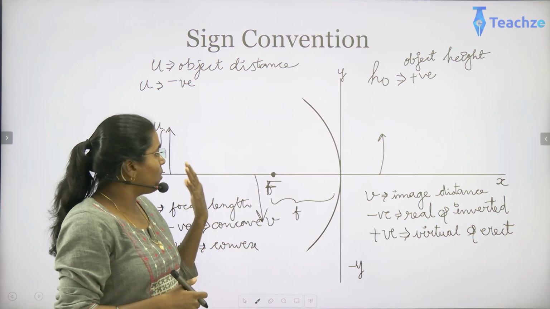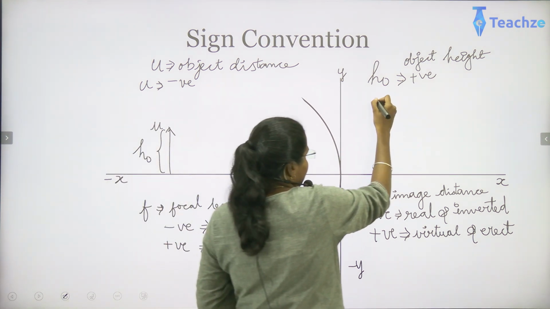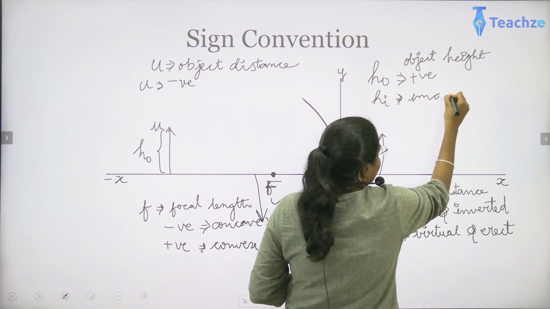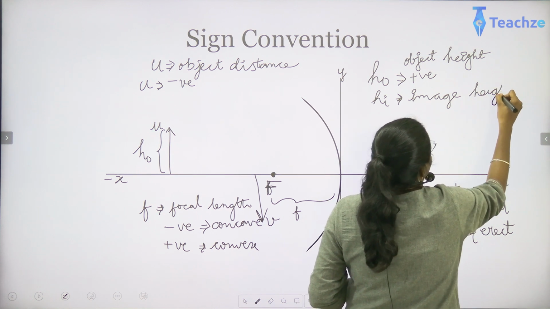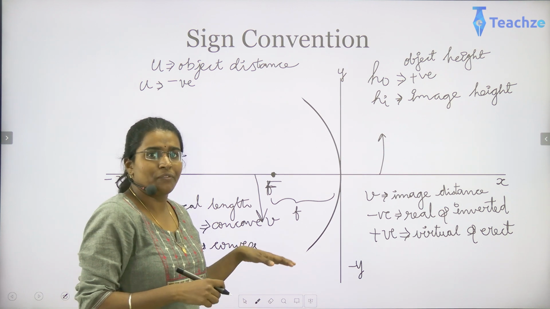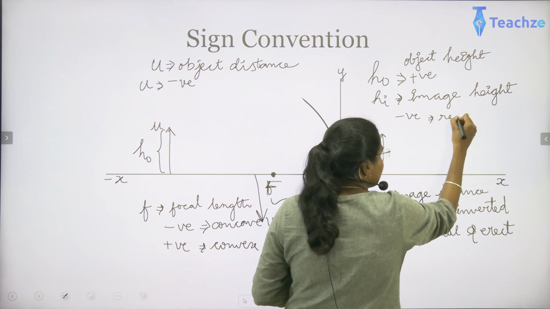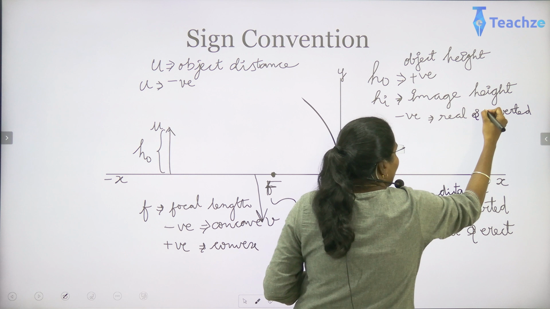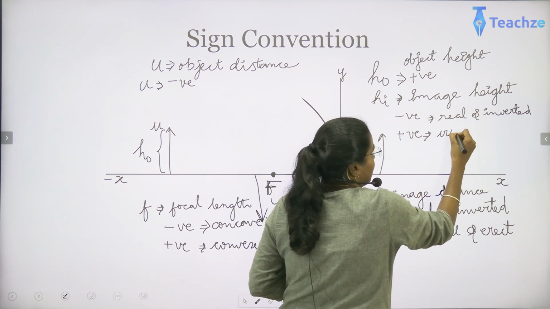So, what about my image height? Height of the image will have two cases. What are the two cases? It will be negative for real and inverted images and positive for virtual and erect images. Very good.